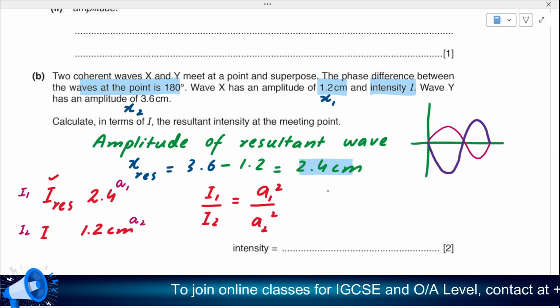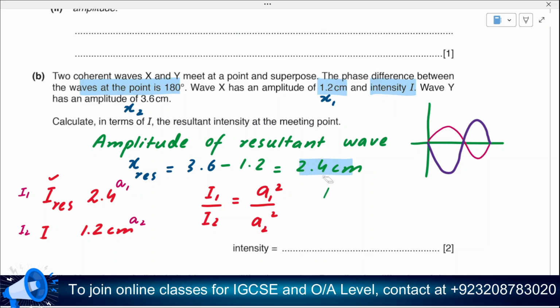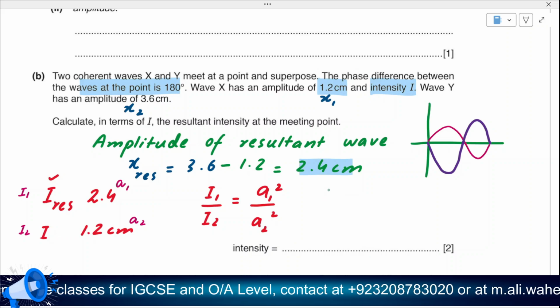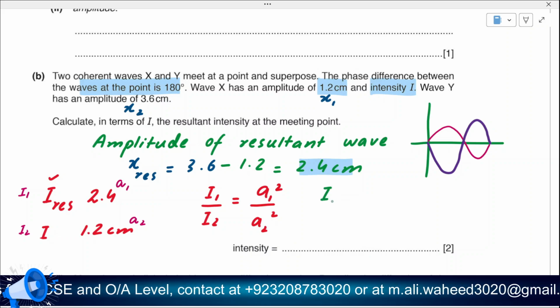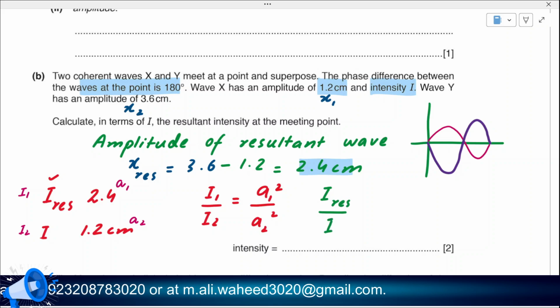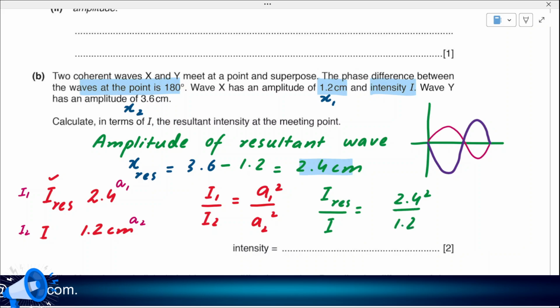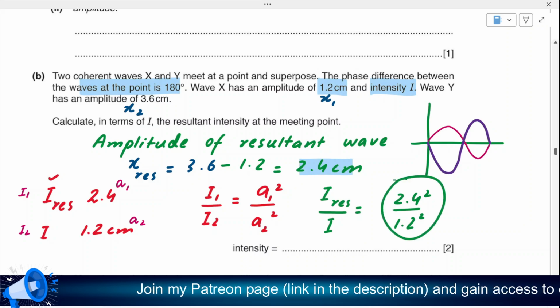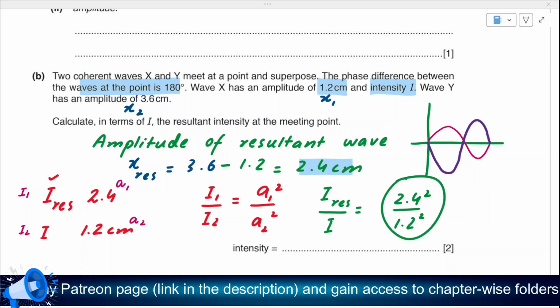Let me insert the values now. So if someone can find me the value of this, 2.4 squared divided by 1.2 squared.